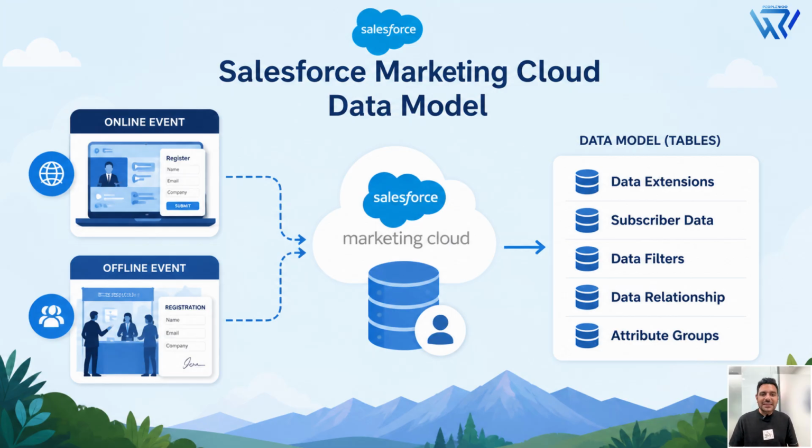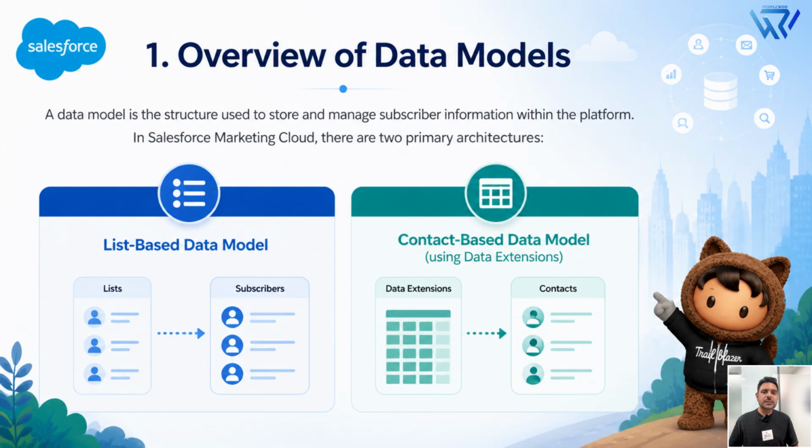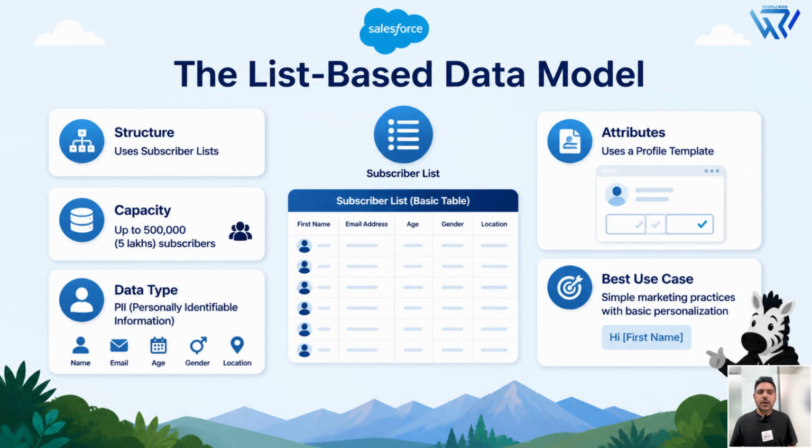Salesforce Marketing Cloud has tables which are part of data models where you can store these subscriber details. There are two types of data models inside Salesforce Marketing Cloud: the list-based data model and the contact-based data model. The list-based data model uses subscriber lists.